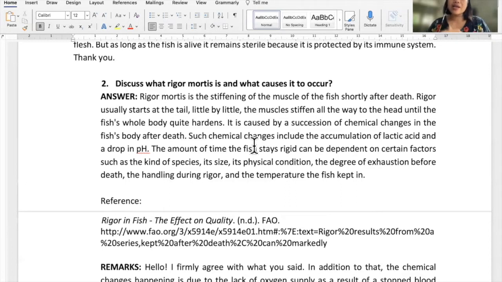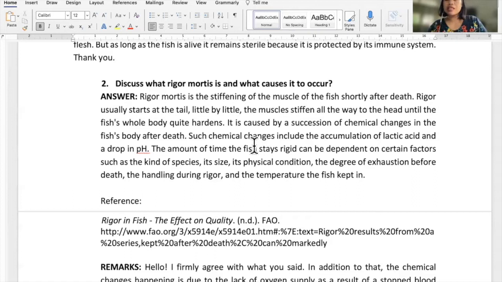And as the process proceeds, eventually there will be accumulation of lactic acid that will result to the drop of pH of fish muscle. So that is why pH is also an indication in monitoring the freshness of fish, no?